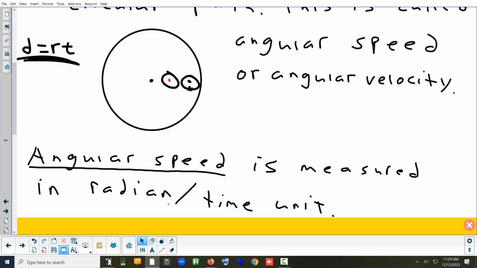If it's seconds, we'll do radians per second. And if they want a unit other than radians, then they need to tell you that in the problem. Like if they want revolutions, they need to say in the problem, find the angular speed in revolutions per minute, per second, whatever the time is. If you don't see a time, stick with radians.